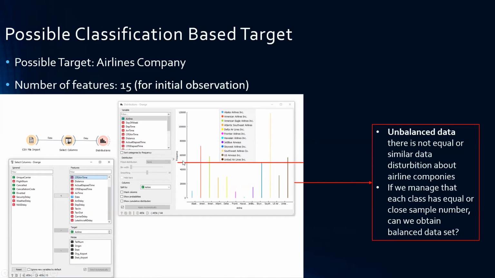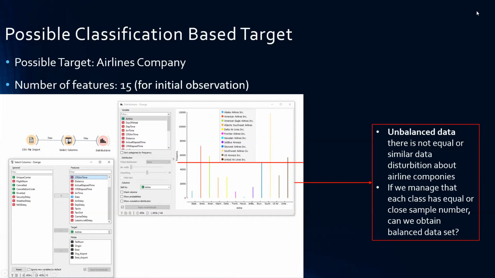So when we examine that, we see there is an unbalanced relationship between these airlines company and number of samples of these airlines company. So according to that, we would like to ask a question about this actually to you, sir. Yes, please.